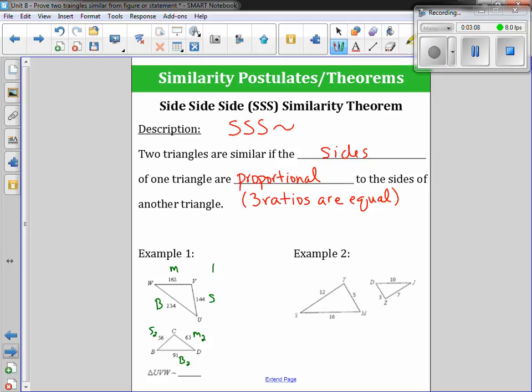So 144 compared to 56. I'm going to compare that with 162 and 63. And lastly, 234 compared to 91. My hope is that they all equal the same value. So we're going to divide all of them.